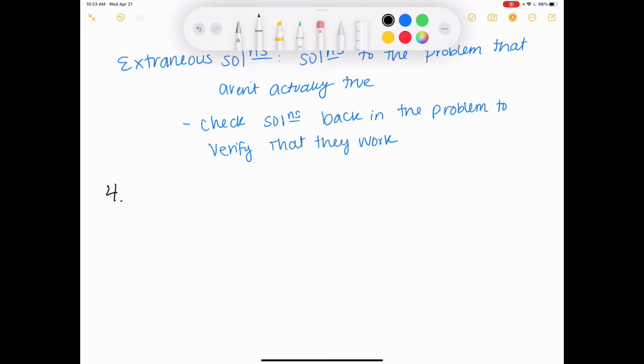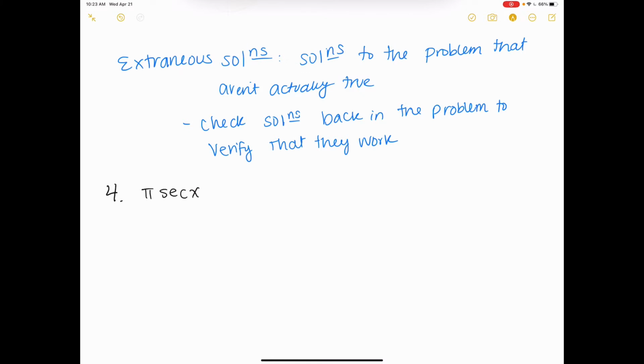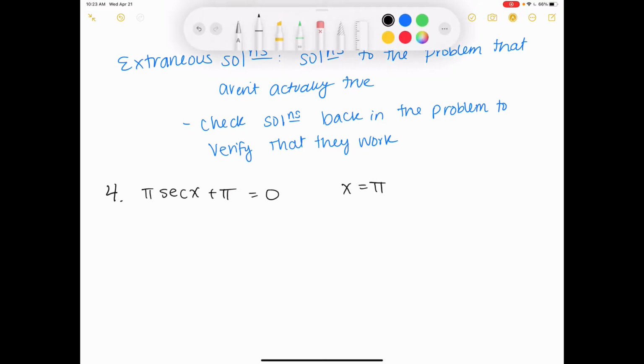So this problem is pi times the secant of x plus pi is equal to 0, and it tells us that x is equal to pi. All right, so with these ones, like I said, I'm purely just plugging in.